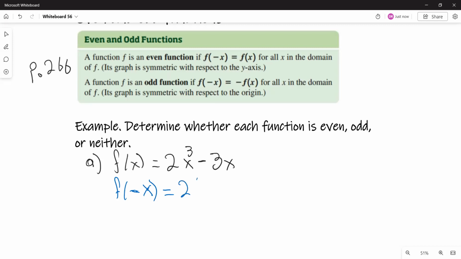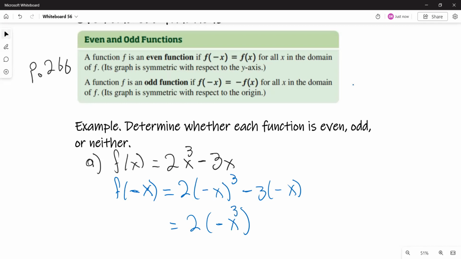So this is 2 times the opposite of x raised to the third power minus 3 times the opposite of x. Okay, so the opposite of x raised to the third power is the same as the opposite of x cubed. That's because minus times minus is plus, and plus times minus is minus. And x times x times x is x cubed.